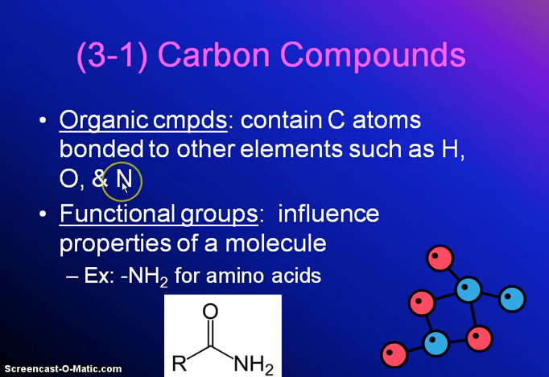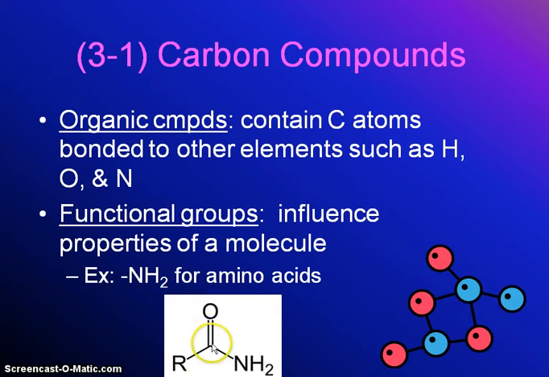hydrogen, oxygen, and nitrogen. Now, attached to those carbon compounds are functional groups, and functional groups are going to influence what kind of properties that molecule will have. For instance, this is our carbon molecule down here. This has, you can see, it's got an oxygen bonded to it.